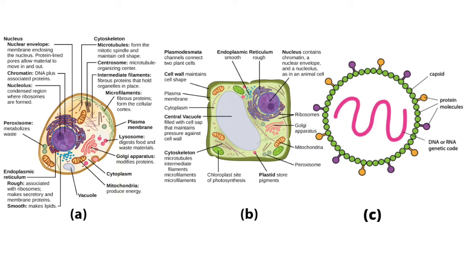They have the cytoplasm, central vacuole, cytoskeleton, chloroplast, plastid, peroxisome, mitochondria, Golgi apparatus, ribosome, nucleus, and the endoplasmic reticulum. Whereas for the virus particle, it's a very simple particle which only consists of the capsid, the protein molecules, and the gene which is DNA or RNA.